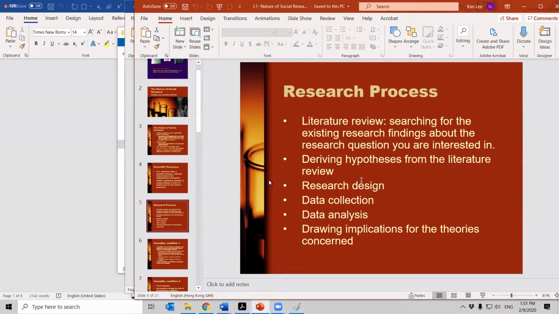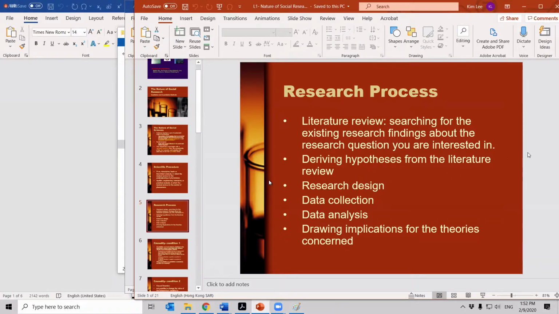There are very clear steps to do quantitative research. But the steps for doing qualitative research may not be so clear. So later on in the lecture, I will talk about qualitative research and explain more. But anyway, for any research procedures, there are definitely some steps.